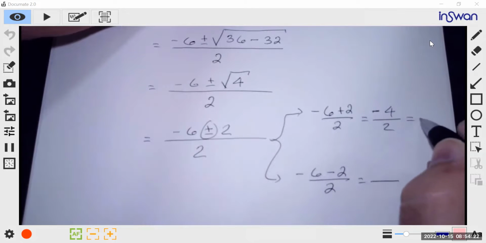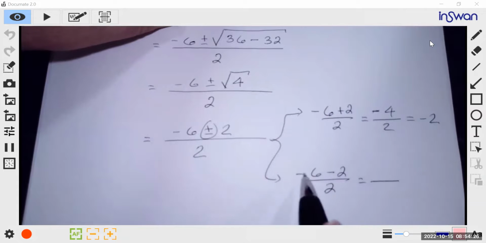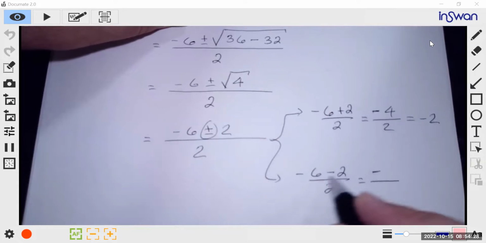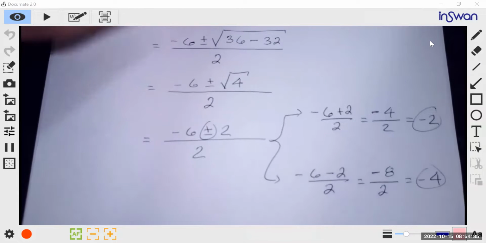Negative 4 over 2 is negative 2. They're both negative, so the answer is negative. 6 plus 2 is 8. Over 2 is negative 4. So these are my x-intercepts.